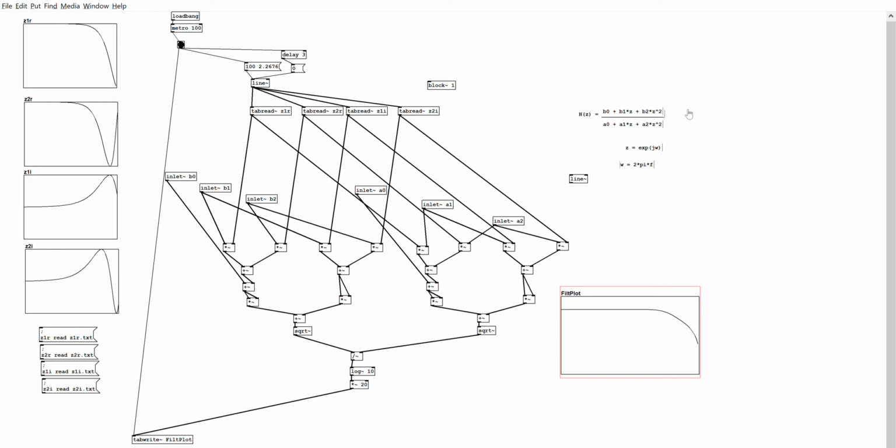And so what I've done is I've stored in some text files the value for z at a bunch of different points. And in order to have our plot essentially have the shape that is most common, which is a log shape, I've stored points of z that are themselves log spaced. Now, I don't think there is a way within PureData to actually display a log spaced frequency axis.